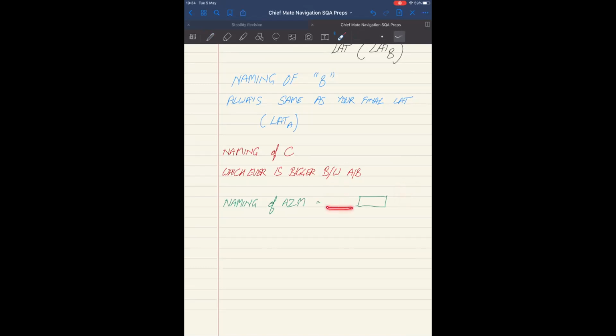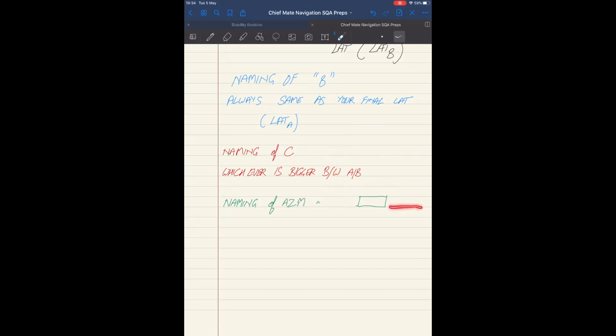Now, what comes here when we were finding the initial course was exactly the name of C. But when we are finding the final course, this is not the way. We need to take whatever is opposite of C. So if C was south, we'll put north here. If C was north, we'll put south here.